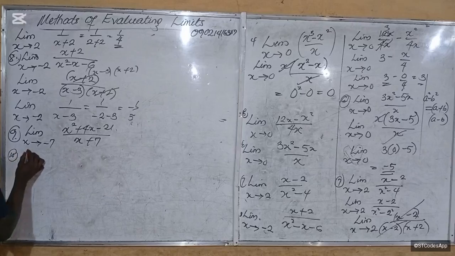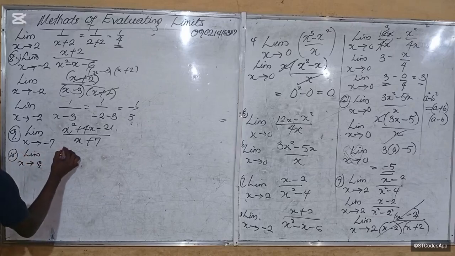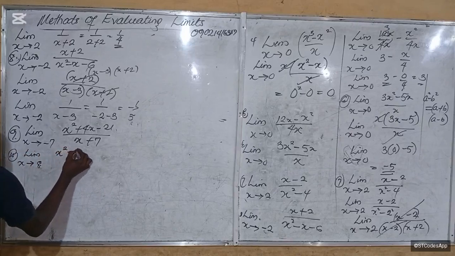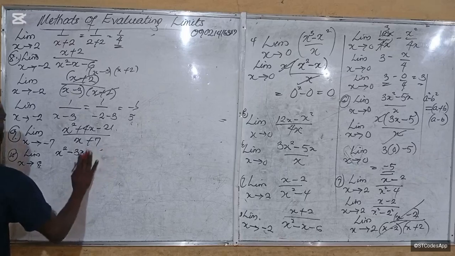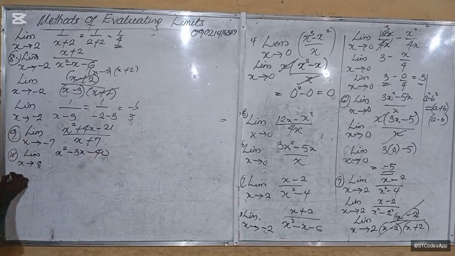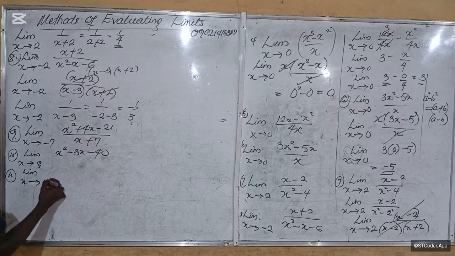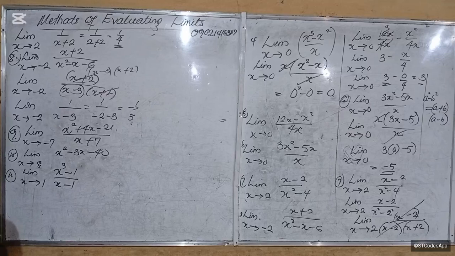Number 10 says the limit as x approaches 8 of x squared minus 3x plus minus 40. Number 11 says the limit as x approaches 1 of x cubed minus 1 over x minus 1.